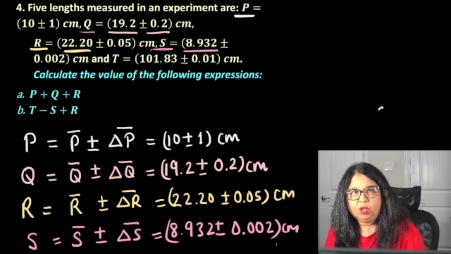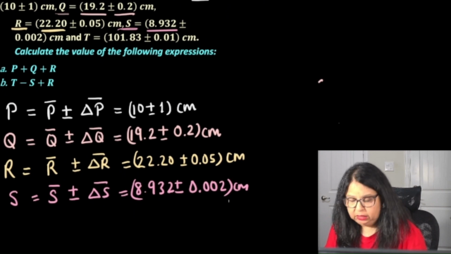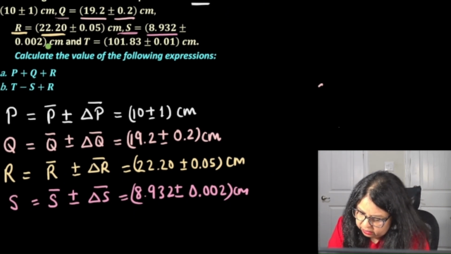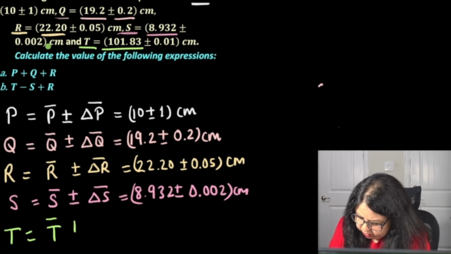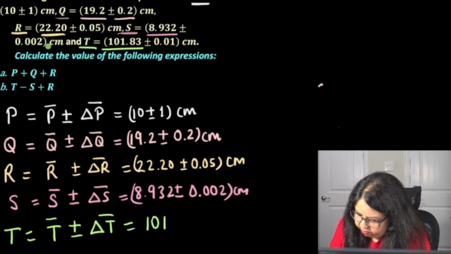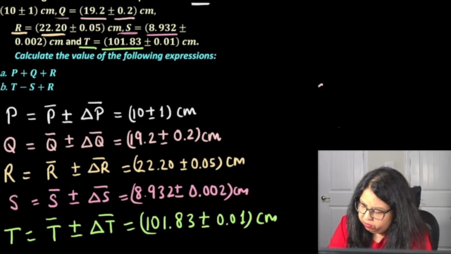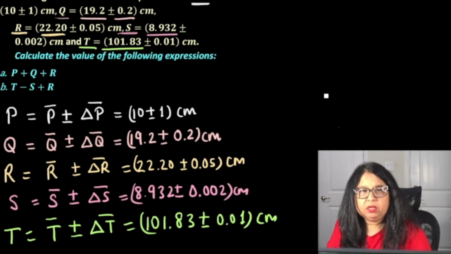And last but not least, we have T. T is T bar plus minus delta T bar, 101.83 plus minus 0.01 centimeters.